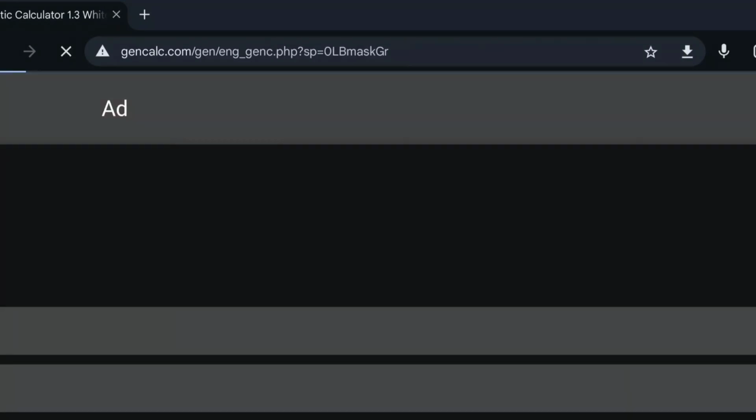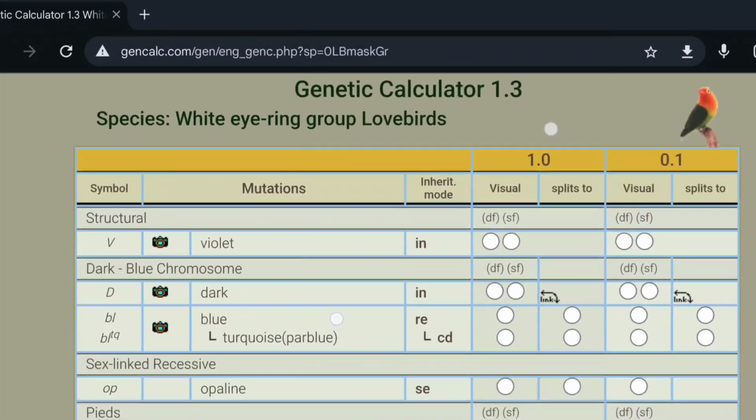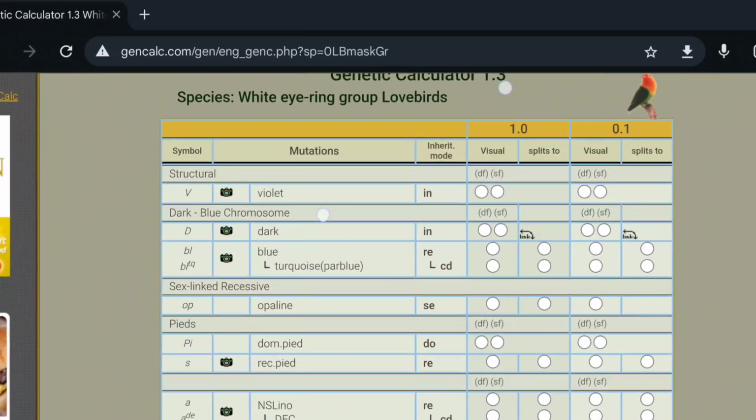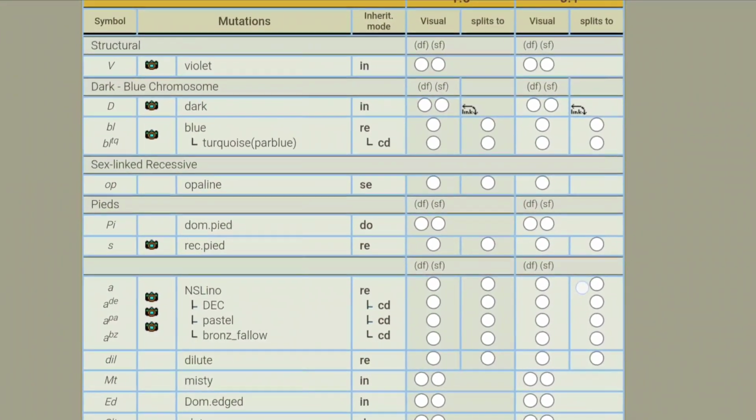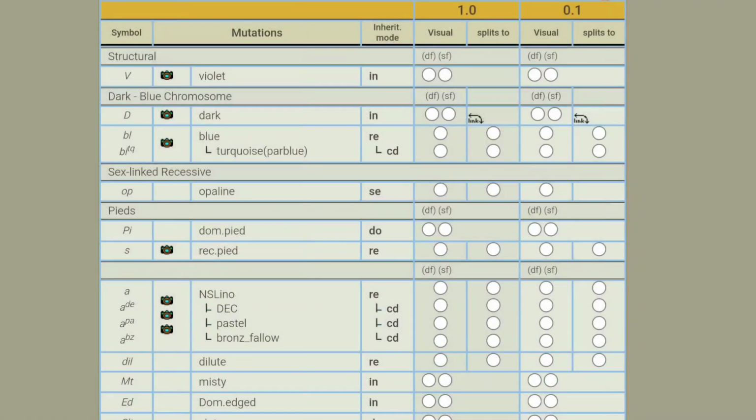Let's go back and do another cross. This time we are doing another simple crossing. Let's assume we have a green fisher male and we have a Lutino female.